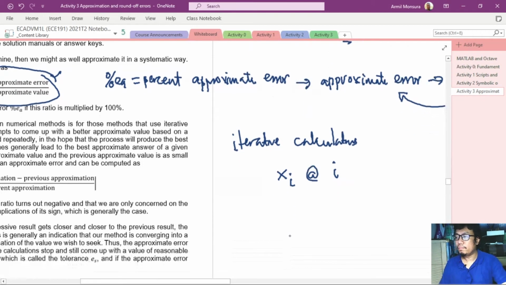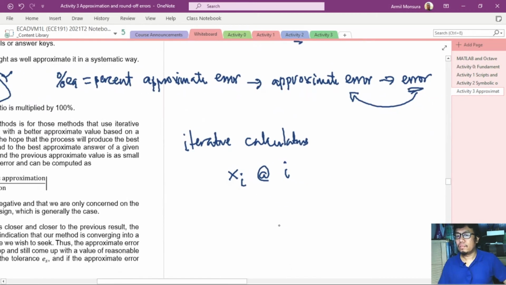Now when you say iterative calculations, it means that your calculations try to compute values by using the previous result of the calculation to generate a new value. So halimbawa, we produce xi at the i-th iteration.